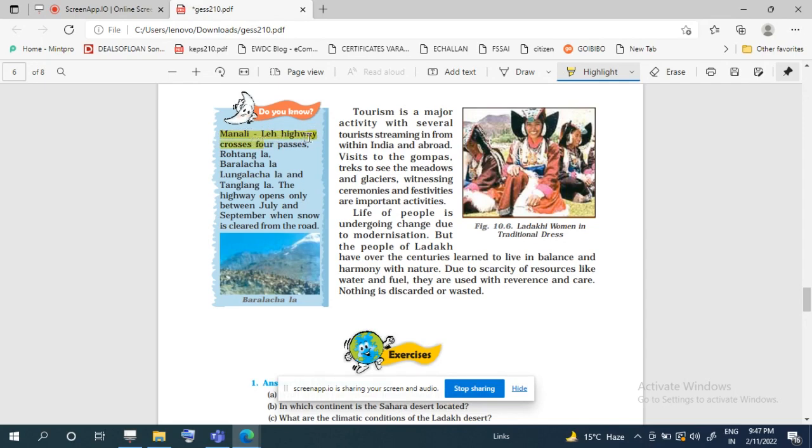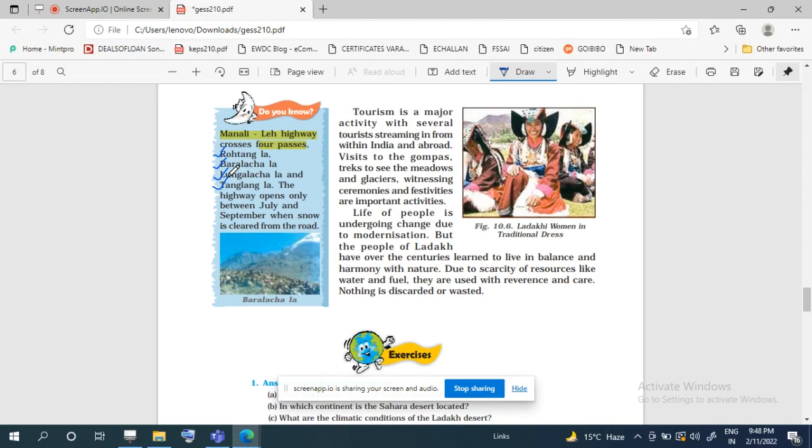Rohtang La, Baralacha La, Lachulung La, and Tanglang La. These are the passes. The highway opens only between July and September, because this is the time when snow is cleared from the road, so the highway can be opened. Otherwise, the highway is not opened.